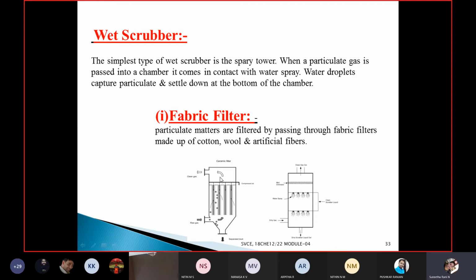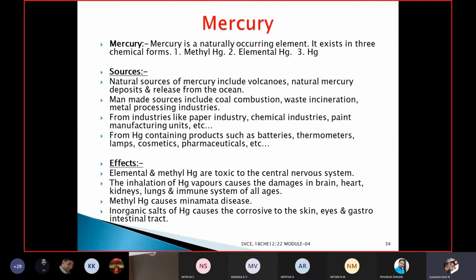Once the dirty gas is passed from the inlet, all the particulate matter is captured by these fabric filters and can be taken out, and clean gas is produced. There are three ways: gravity settling chamber, wet scrubber method, and fabric filter method. These are the three methods you can use to remove particulate matter and control its release into the atmosphere.